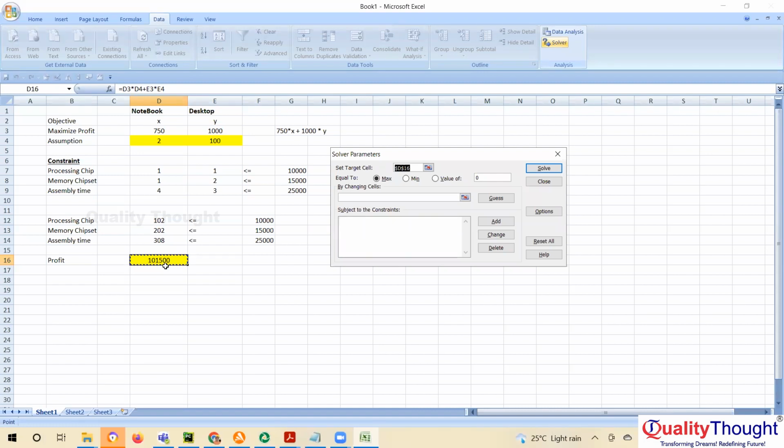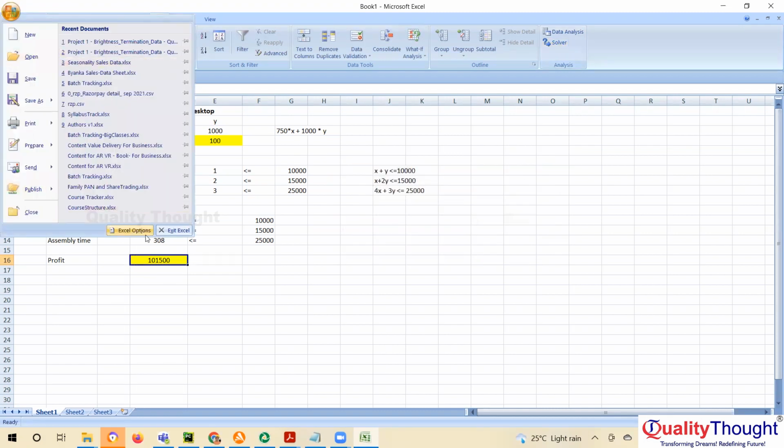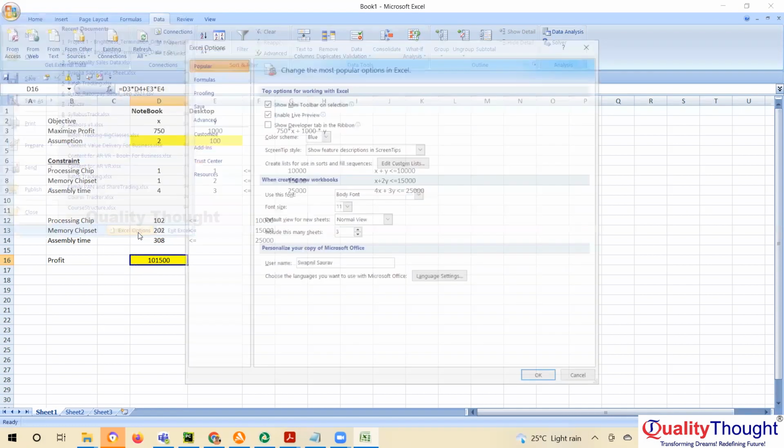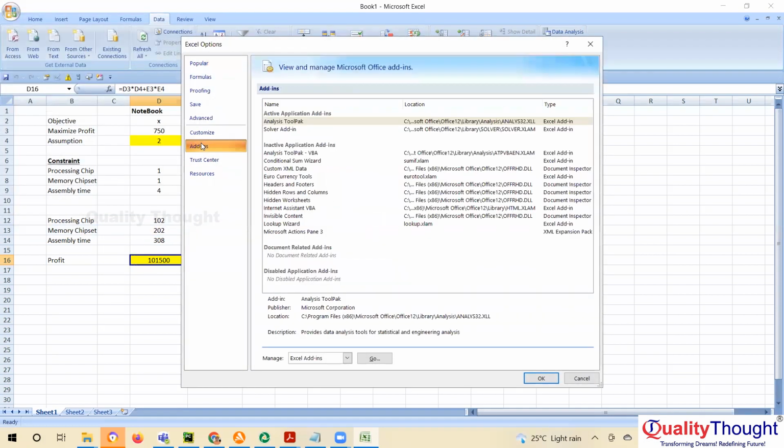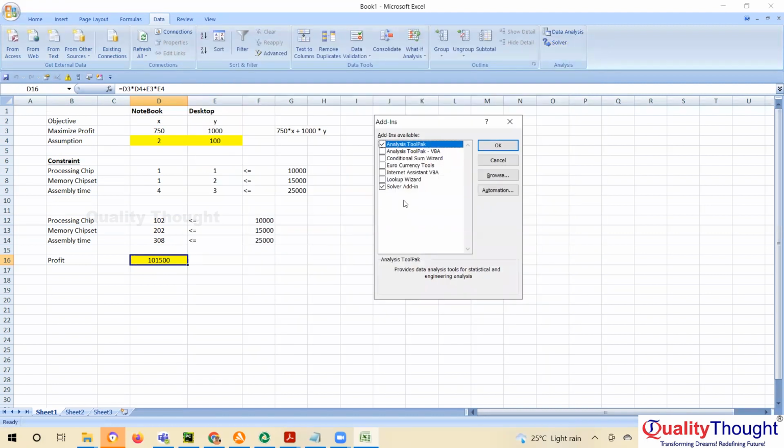Not analysis, the solver add-in. You have to go to Excel options, add-ins, then Excel add-ins. Then all these things are available. You have to add the solver add-in.